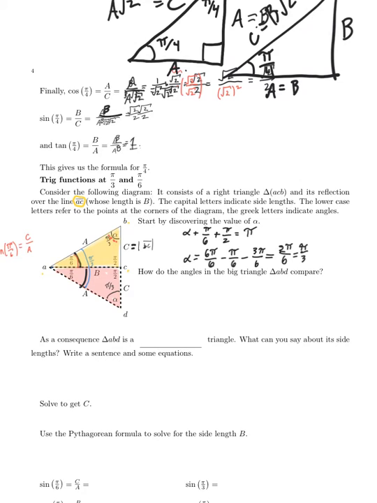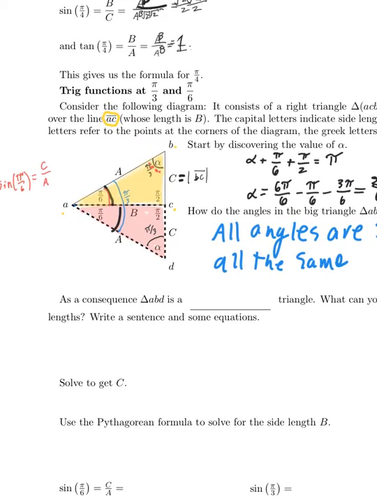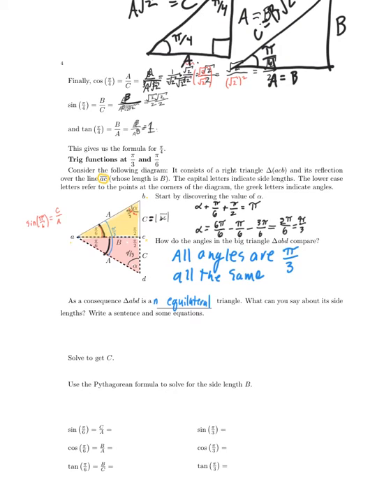They're all pi over 3. In particular, they're all the same. So this is a triangle where all of the angles are equal. That must mean all of the sides are equal. That is, this triangle ABD is an equilateral. What does that mean? That means all of the side lengths are the same.